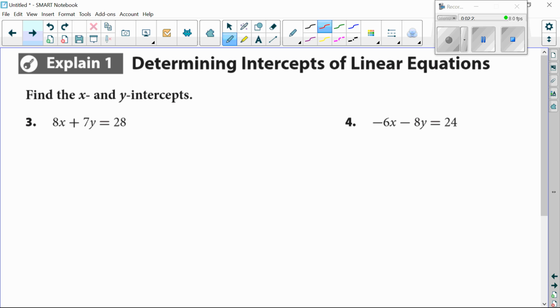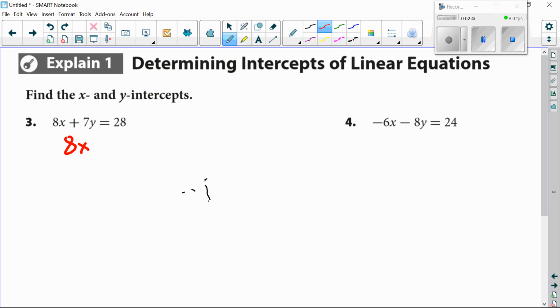Here it says find the x and the y-intercept. So remember, with this one problem, we're going to do two different things. We're going to first solve for x when y is 0, and then solve for y when x is 0. So let me show you how that looks. So I'm going to cover up the 7y and just bring down everything else.